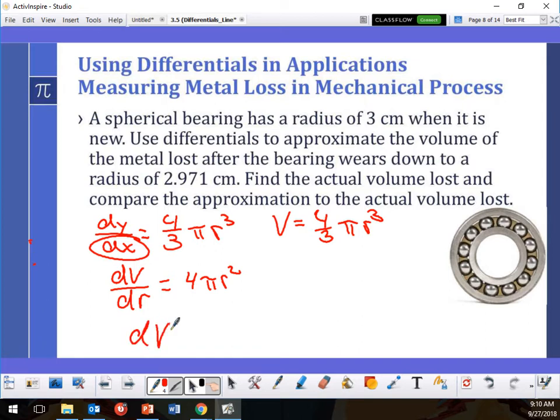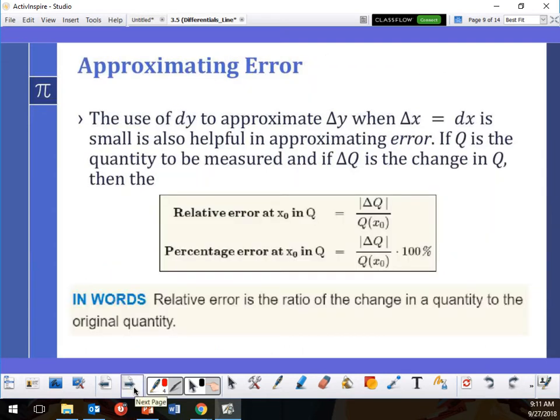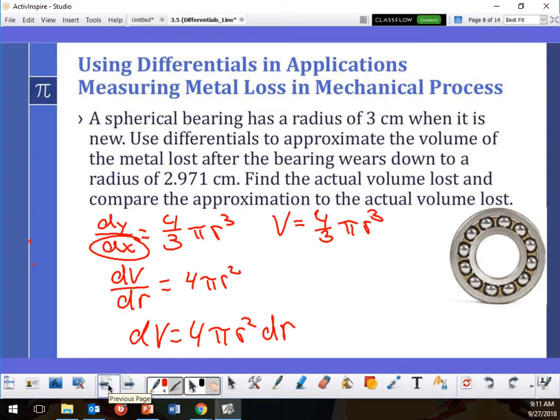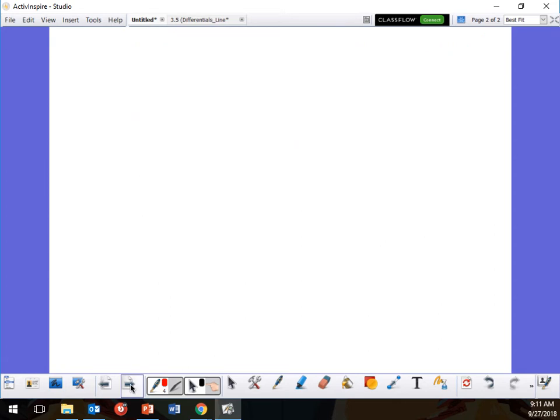So dv is equal to 4 pi r squared dr. Now, let's take that information to a new slide because I need some more scratch paper. So dv equals 4 pi r squared dr. Now, first, what is the radius that I'm starting with? 3, right? So my radius is 3, so that's good.